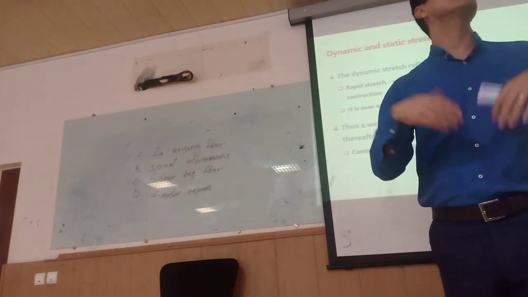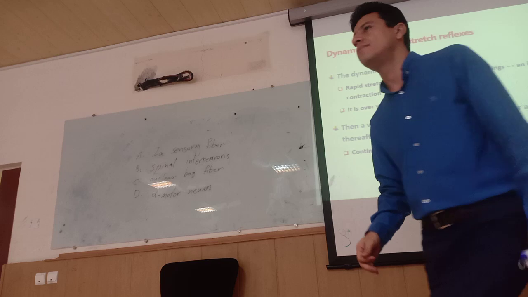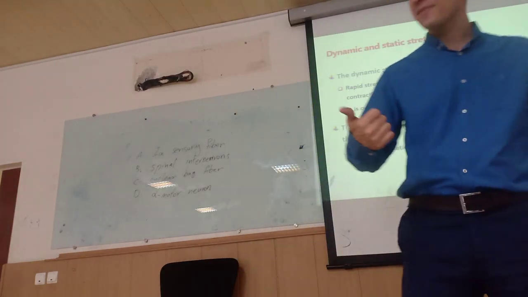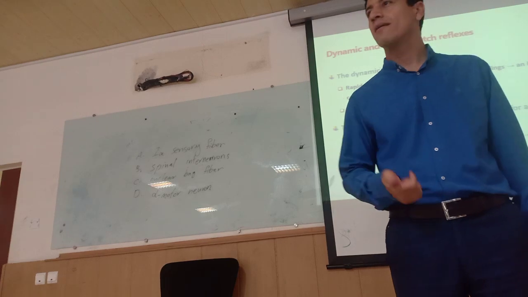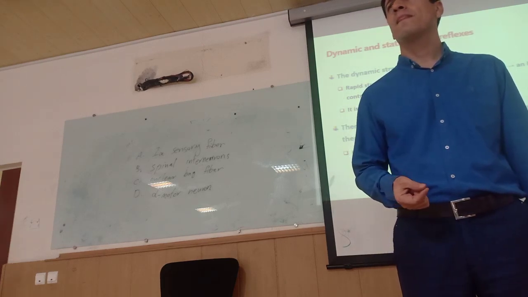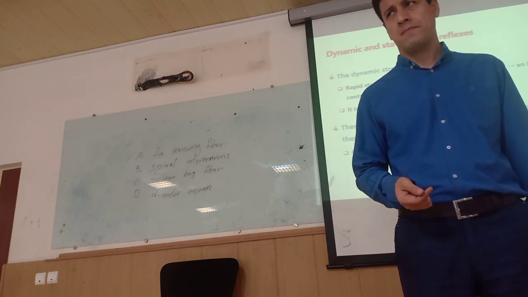Which one is not involved in the knee-jerk reflex? Again B? Yes. But why? Sometimes the fibers, when they go to the dorsal horn, can directly synapse with the alpha motor neuron, not with the anterior one.